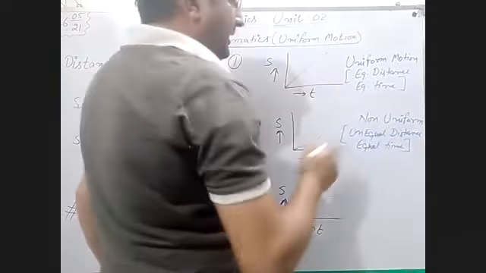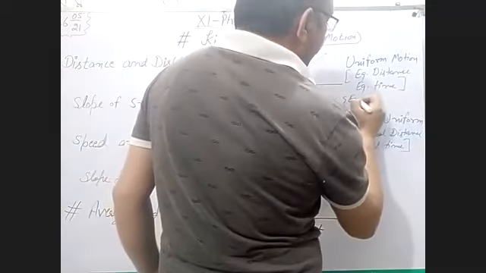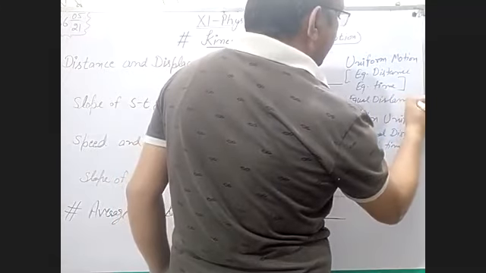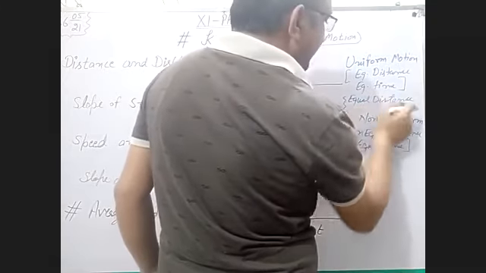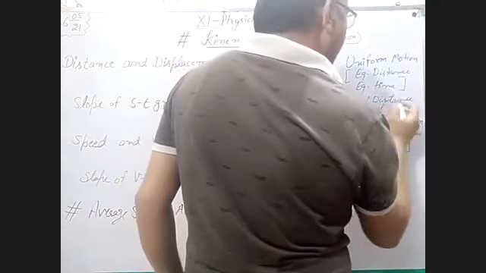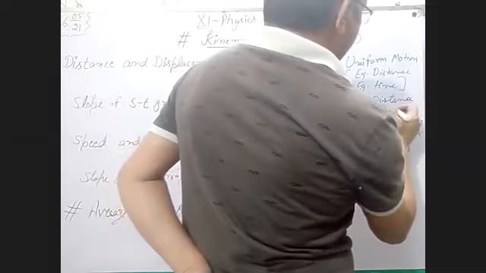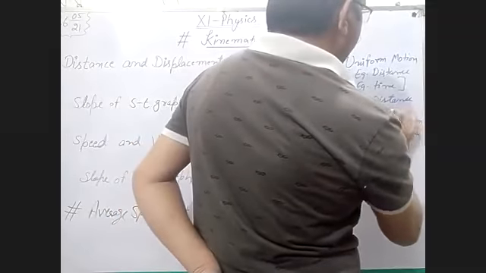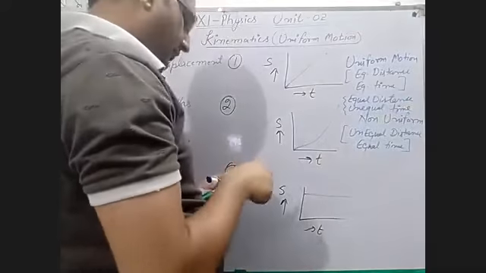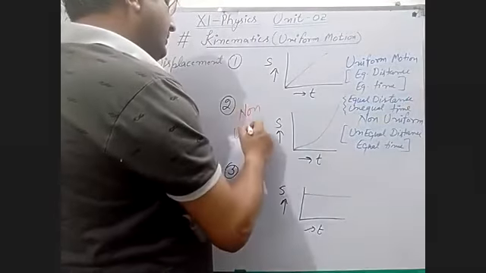Or another definition is this: equal distance, we can also write equal distance in unequal time. Both have the meaning of non-uniform motion. Unequal time is also the case of non-uniform motion.